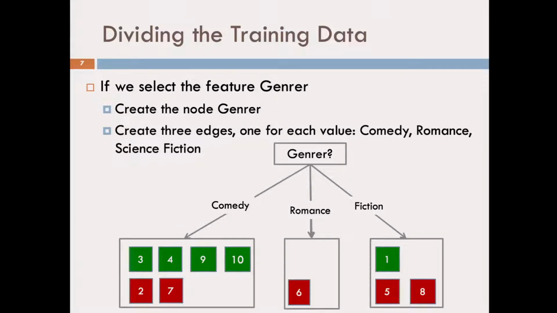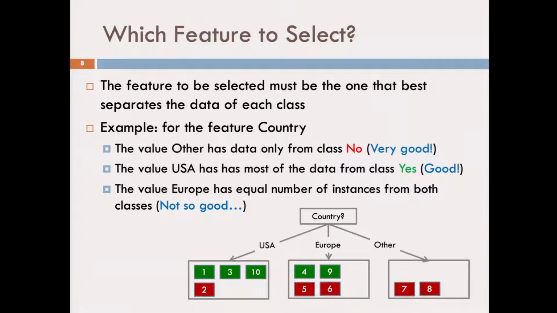Okay? So, how to decide what's the best feature? Which feature to select? The feature to be selected must be the one that best separates the data of each class. We already know that. So for the feature country, I already told you, the value other has data only from one class. This is very good. It's a good division.